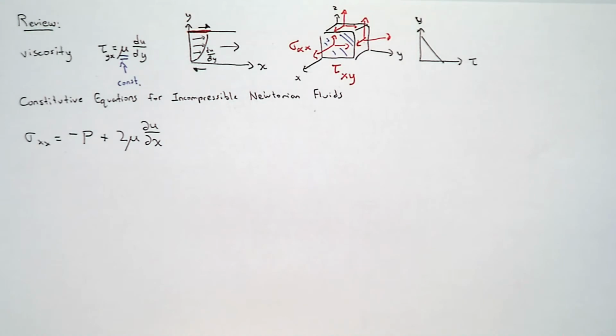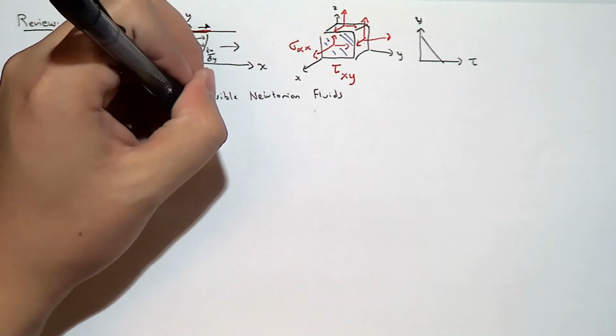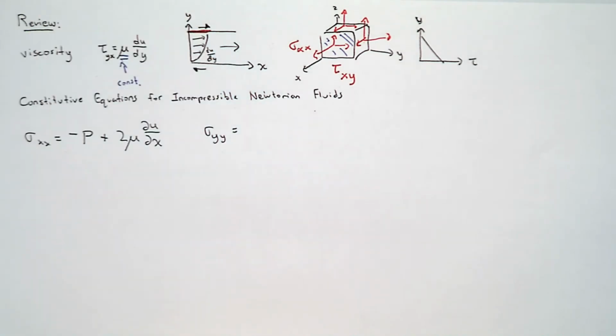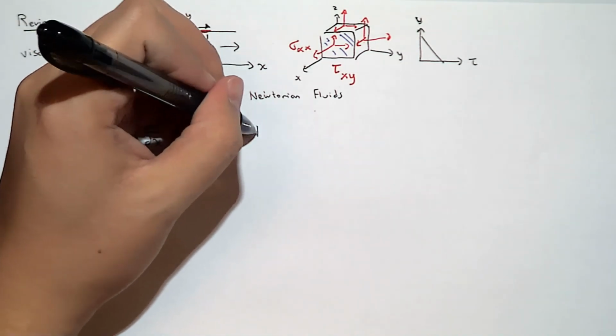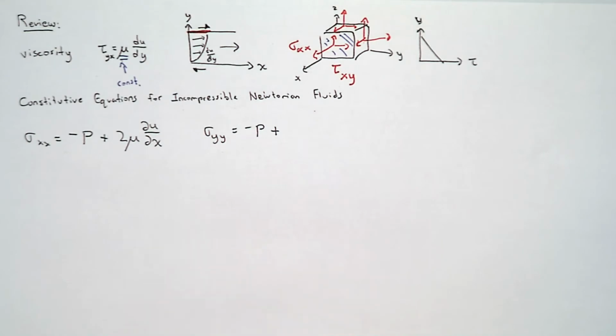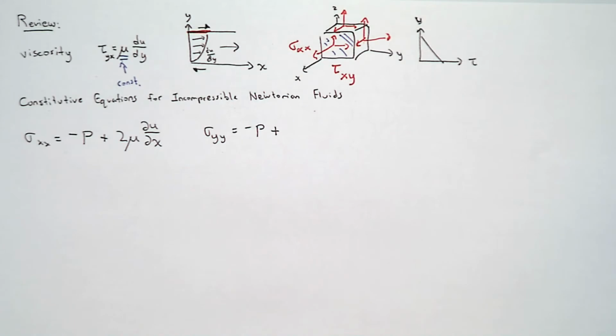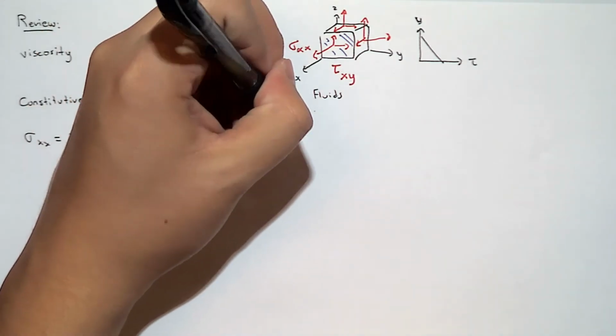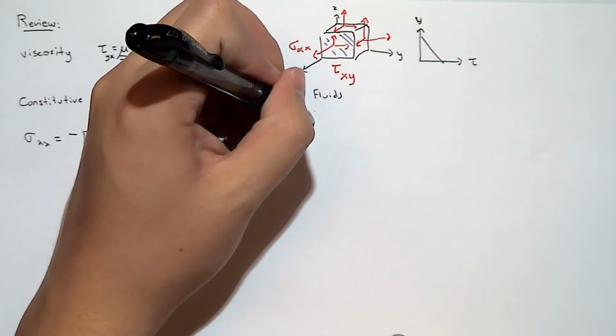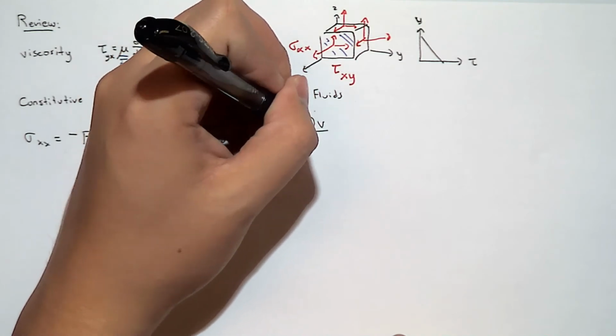So this would be the normal stress. Similarly, the normal stress in the y direction would be equal to the pressure towards the y direction. Remember that pressure at a point is equal in every direction, so we don't really need px or py, it's just pressure, plus the viscous component of that normal stress.